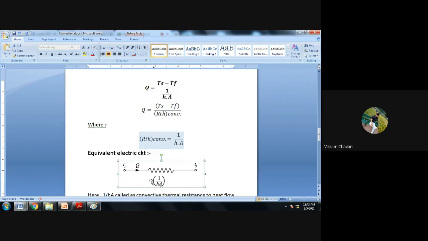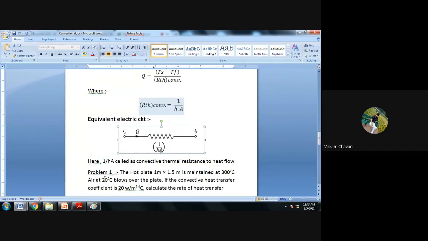Getting everyone? Any doubt, any question? Here 1 upon H multiplied by A is called the convective thermal resistance to heat flow.